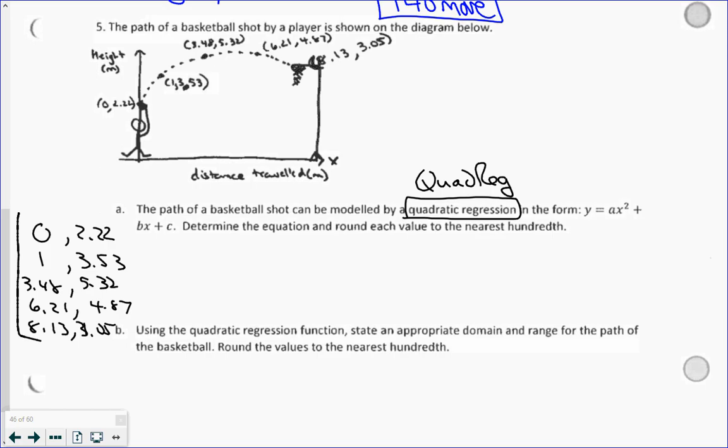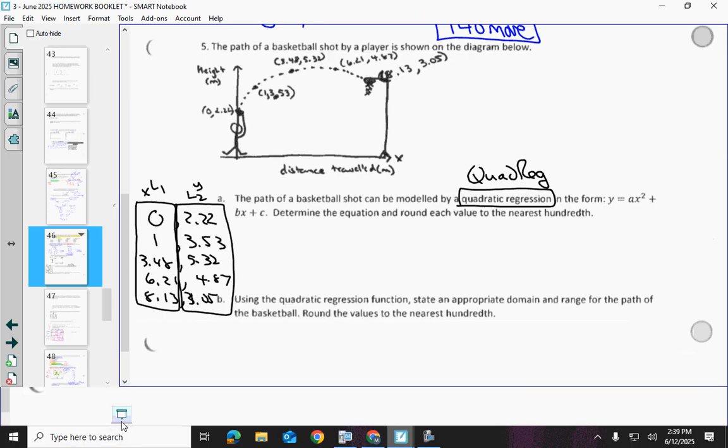So the X is your L1, the Y is your L2. Instead of giving it to you as a table, they put those numbers on the picture. I've only ever seen that one other time before this one, so they don't do it that often. Typically, they give you the data as a table, but this one they did as points.